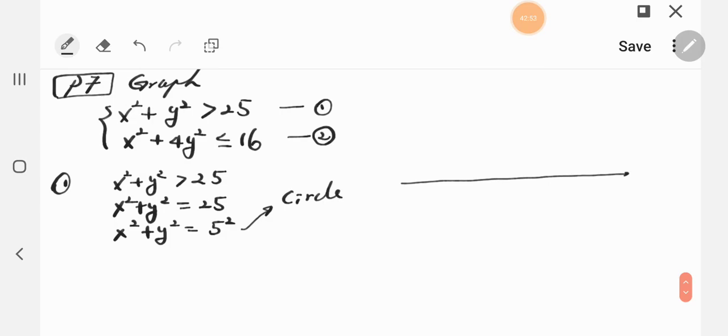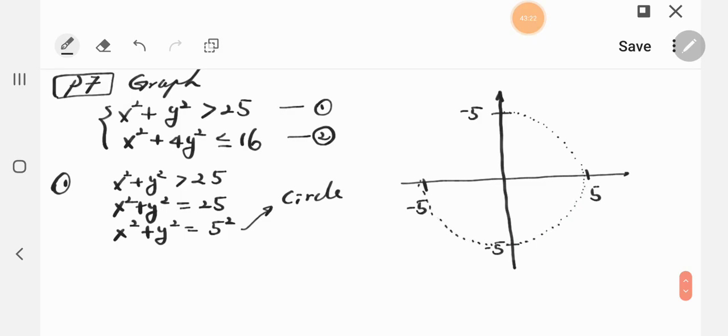So if you graph it, let's make it 5, 5, 5, 5. Okay, then let's graph the circle. You see, it's not a solid line. It's gotta be a dotted line. So using a dotted line, draw a circle. Okay, I'm doing my best to draw a circle. Here's a circle with a dotted line.